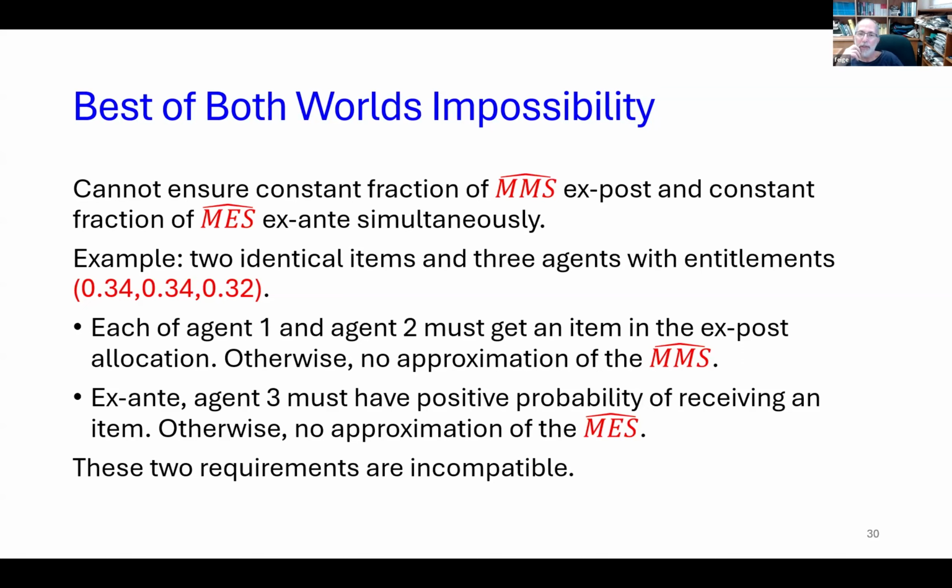Otherwise, there's no approximation of the MES. But you can never give her an item, because the other agents need to get both items in every allocation. So the ex ante and ex post requirements are incompatible. You cannot achieve both of them simultaneously.